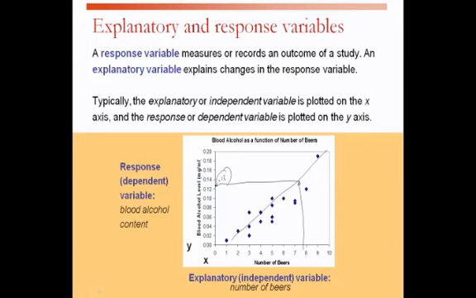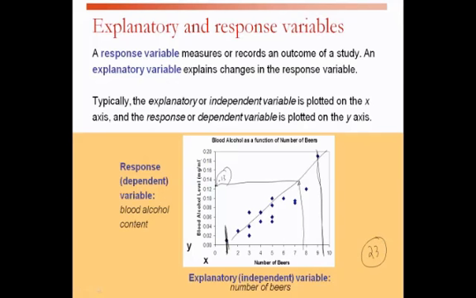Having said that, I'm going to give you a caveat. The prediction is only valid for the range of values which you have already observed. That means it can only be used between this point and this point. What if I ask you now, somebody who drank 23 beers, what will the blood alcohol level be?